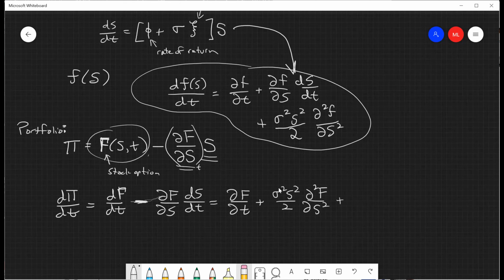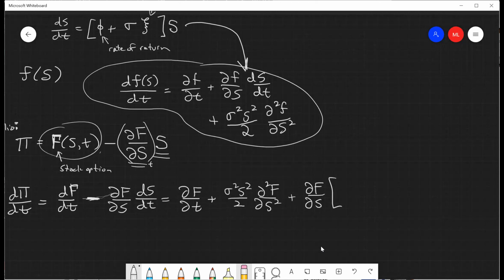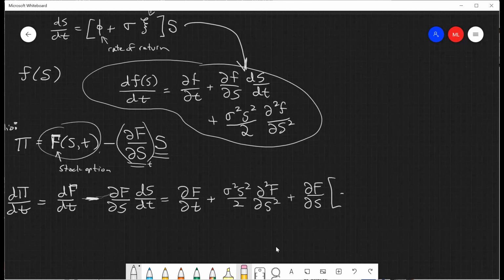And now we have to stick in the equation of motion. So we have df ds times the equation of motion, which is phi plus sigma noise multiplied by s.